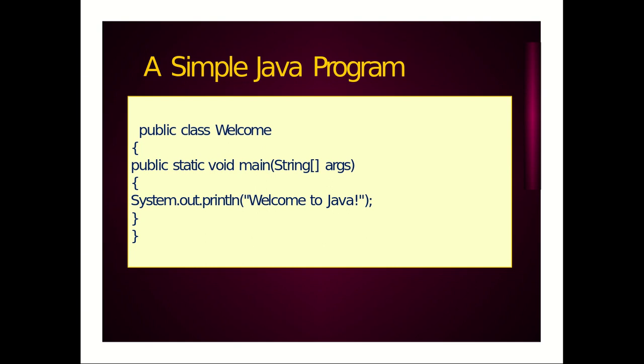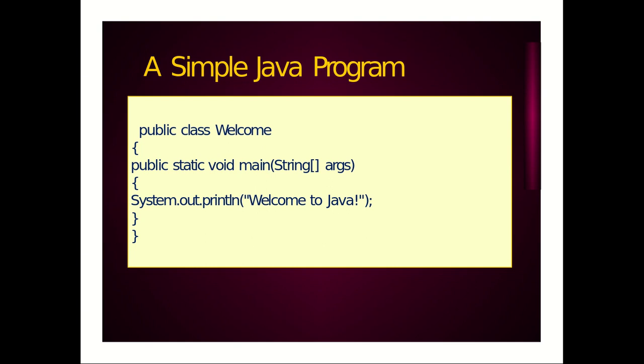After that we define the method public static void main String args. It is the signature of the main method. Public is an access specifier. The static keyword is used to denote the method is static, because we call this method without creating an instance of the class, so we define this method as static. The return type of the main method is void, which means it will not return any value.